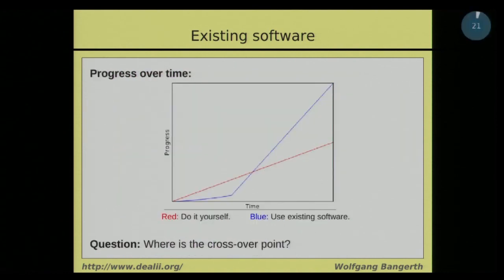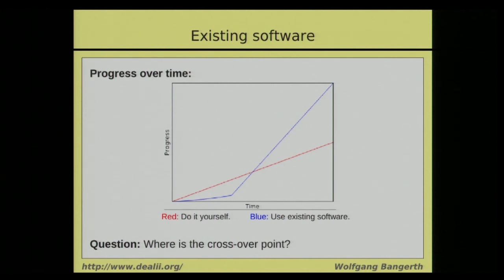Of course, ultimately, what it comes down to is this. If you plotted progress over time for doing it yourself and using existing software, then you could plot something like a straight red line for whatever you write yourself, because you know your speed, you know what time you have.